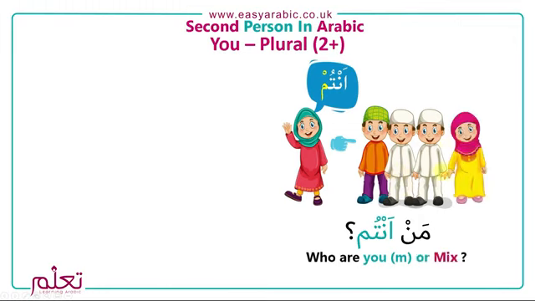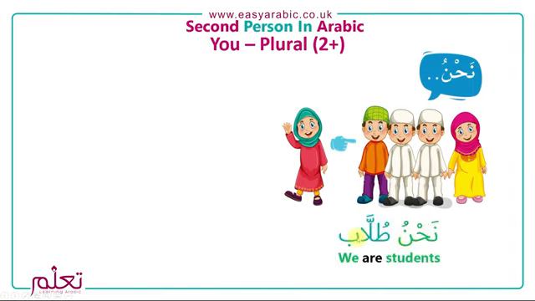So you will always use man antum, and this is the most common, really. Their reply would be nahnu, and if we say we are students, we then use nahnu and the plural version of the word student. So it would be nahnu tullab, we are students.